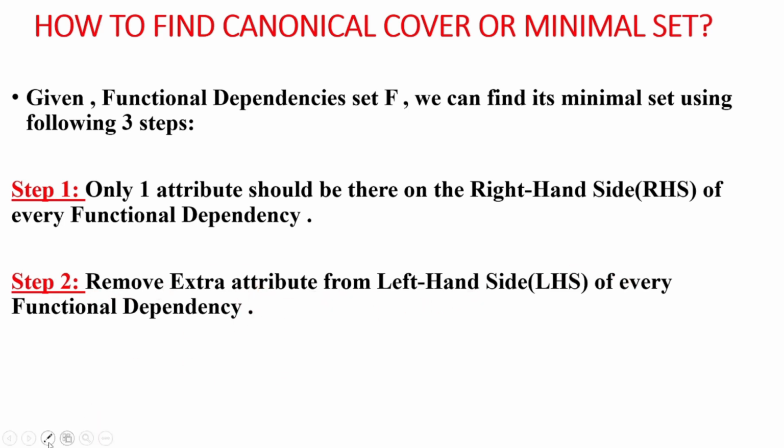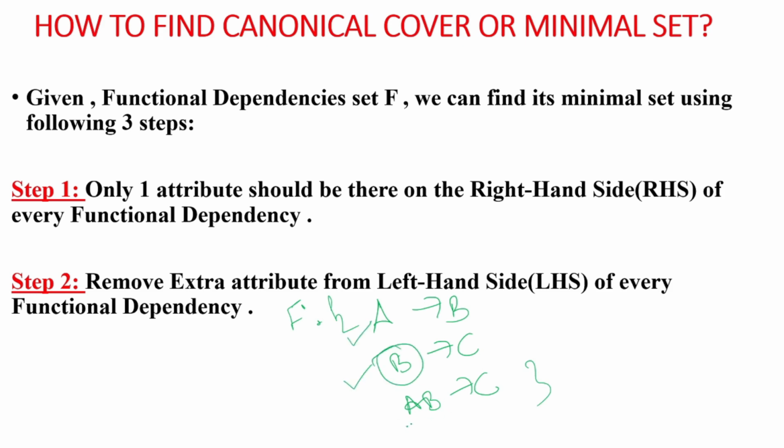For example, if FDs are given like this in the original set F of functional dependencies, there are 3 FDs. Now look at the left hand side to see if there is any extra attribute. In the third we have 2 attributes A and B on the left hand side. For this we have to check whether A or B is extra. They might not be extra, but we have to check.